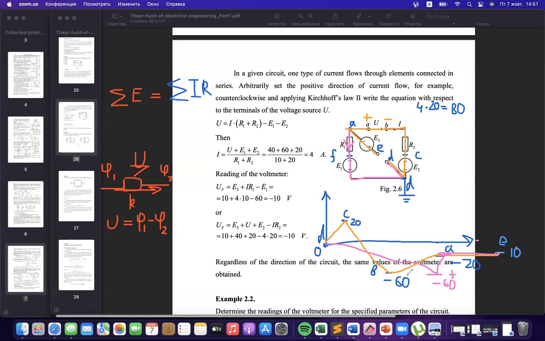to the minus 10. For different ways, for different meshes, we obtain the same value as minus 10 volts of measurement of the voltmeter. The difference will be in which point we connect plus and in which point we connect minus of this voltmeter. If we connect plus to point E and minus to point D, moving in this direction, we will obtain a negative value, minus 10 volts.